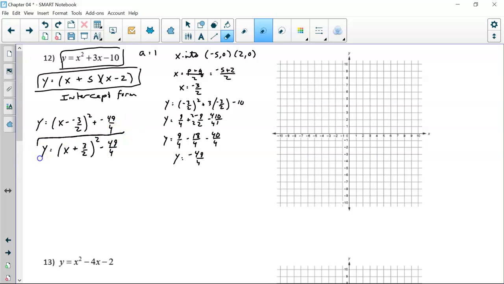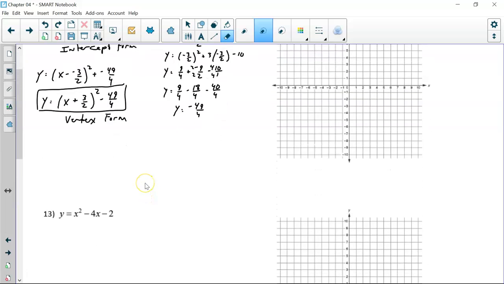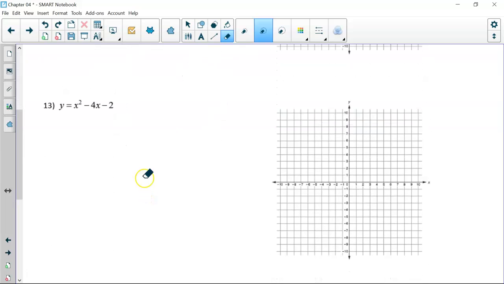That's the equation written in vertex form, that graphing form. Once again, if you graph them, they're all the same graph. And then finally, number 13.